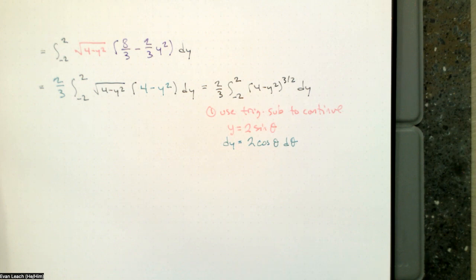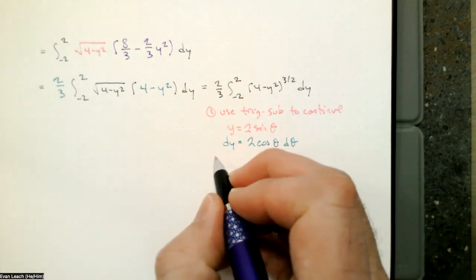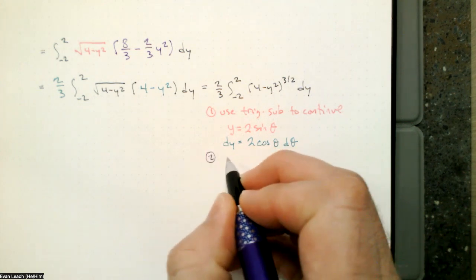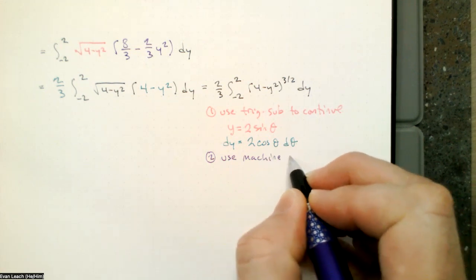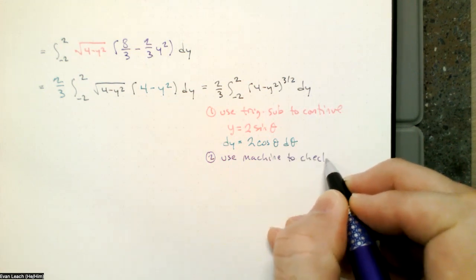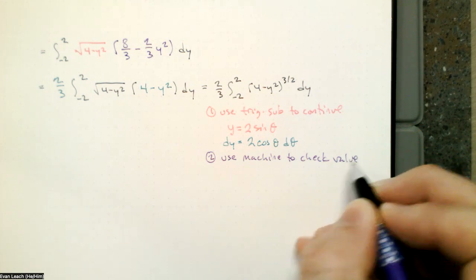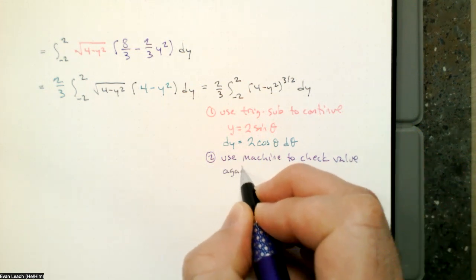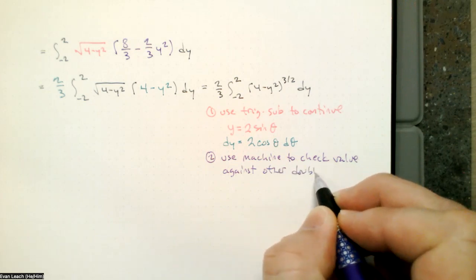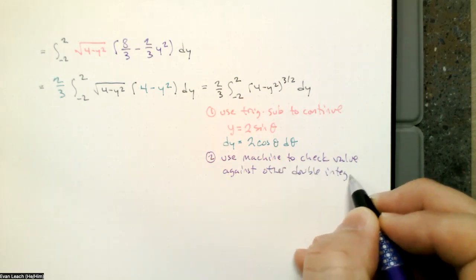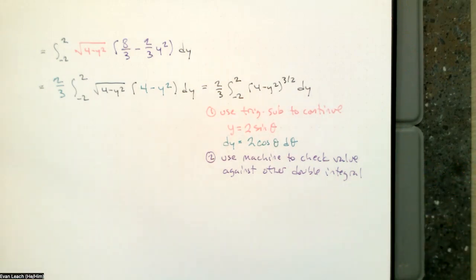The other thing that we can do, we can pause here, use a machine to check the value against another double integral.